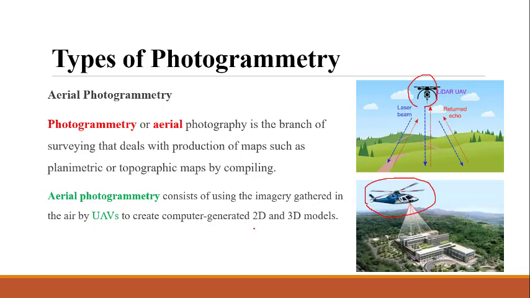Then these images can be used for 2D or 3D models. We will see these models in detail in the next lectures. So aerial photogrammetry is a kind of survey which is done with the help of aeroplanes or other kinds of unmanned air vehicles.